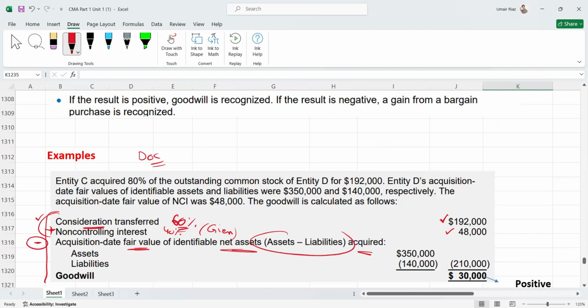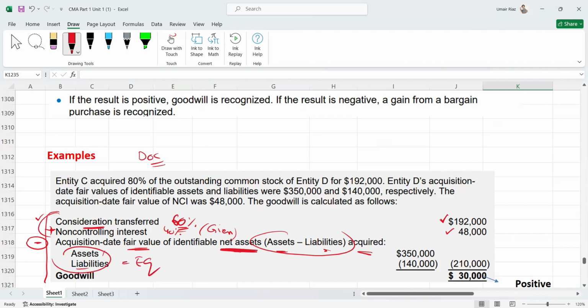Net assets, equity acquired. Usually net asset is calculated as assets minus liabilities, right? Assets we have already taken as identifiable assets, and liabilities are whatever liabilities you are assuming of the subsidiary. Assets minus liabilities is always equity, so this equity is also called net asset.